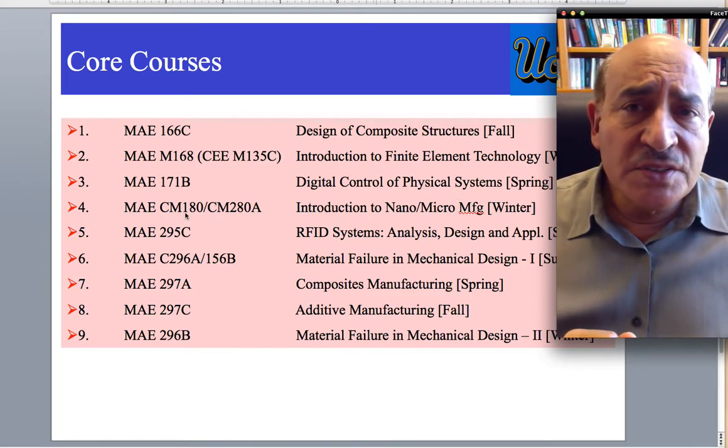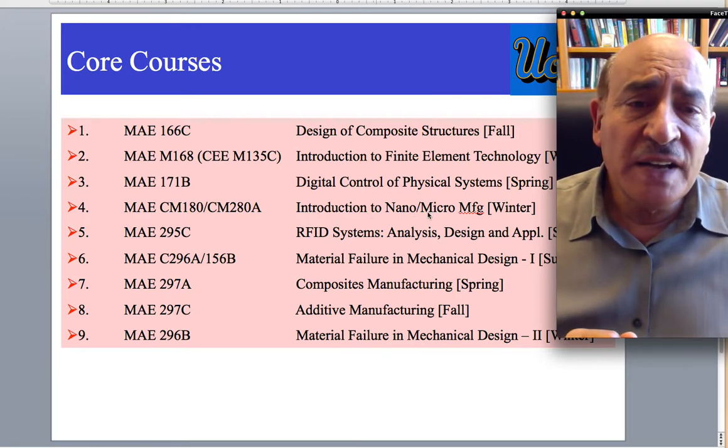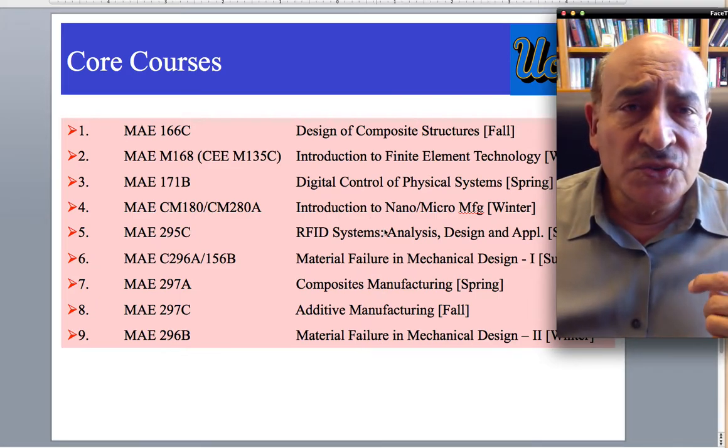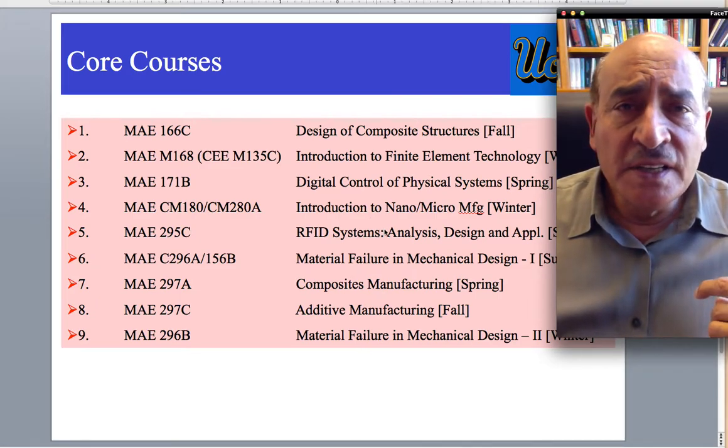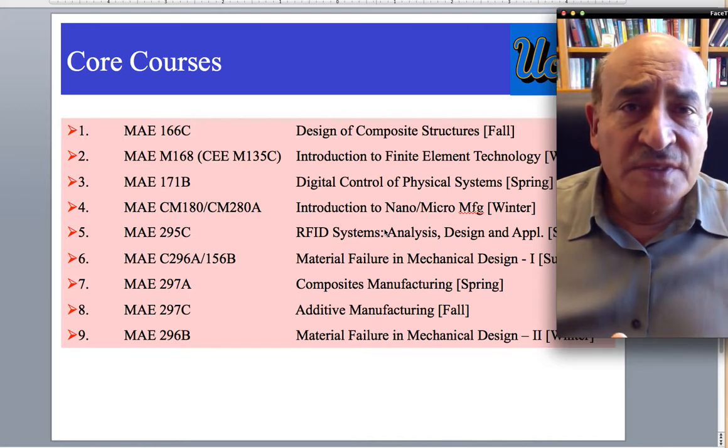We have a course on Introduction to Nano Micro Manufacturing, and this course introduces you to the modern methods of making MEMS. MEMS are micro electromechanical systems made by etching and layering and chemical processes.